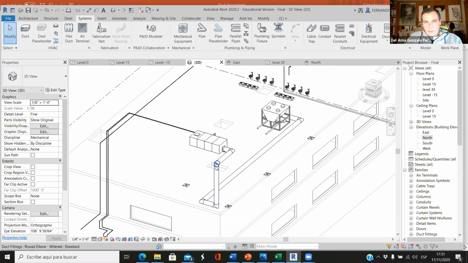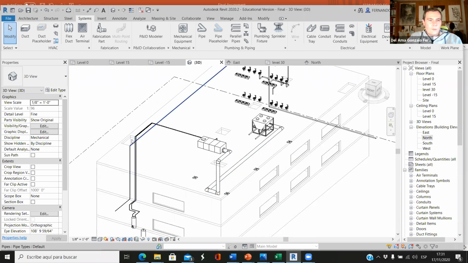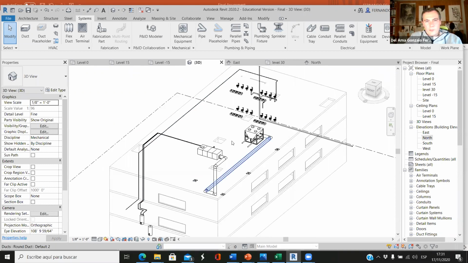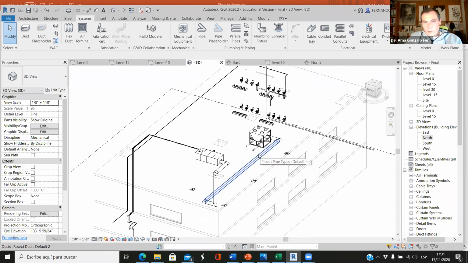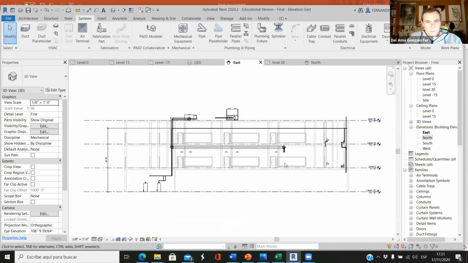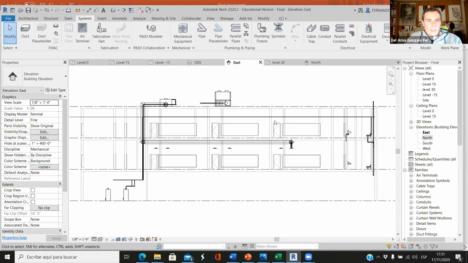If we have this vertical shaft, we have to use it. If we have this for the pipes, we have to go for this one. And then for the supply, for the return diffuser, this is the supply. You have to do the same on this floor. Once you are done with all this horizontal ductwork, you can copy and paste it on the second floor.